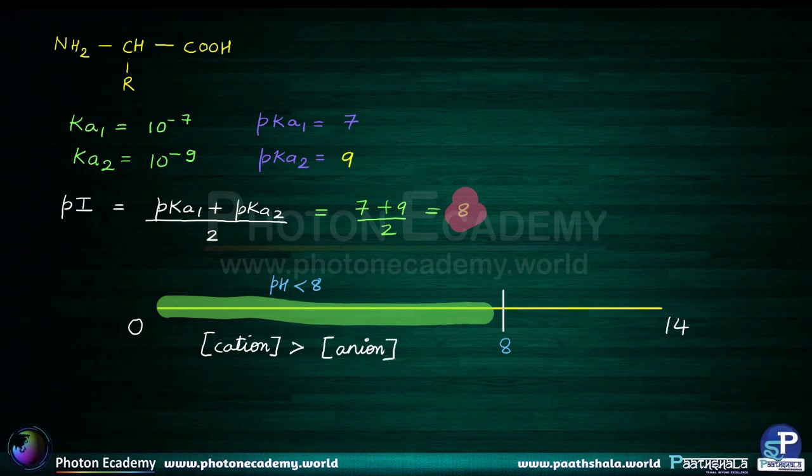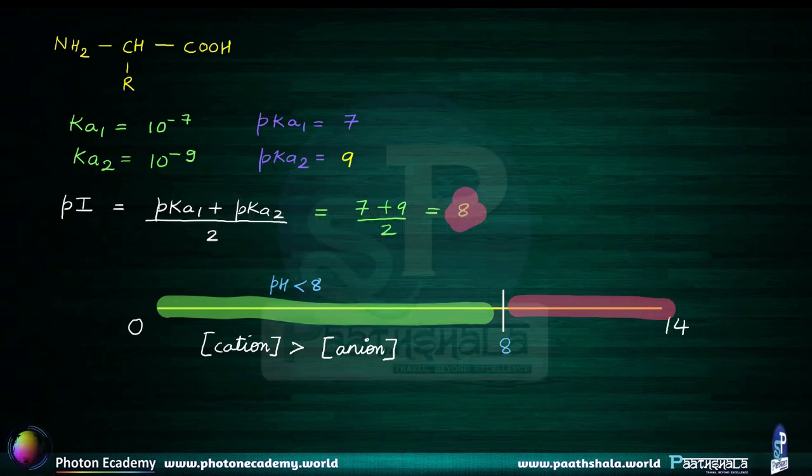And when the pH is greater than 8, any condition which lies along this line, in this condition the concentration of anion becomes greater than the concentration of cation.